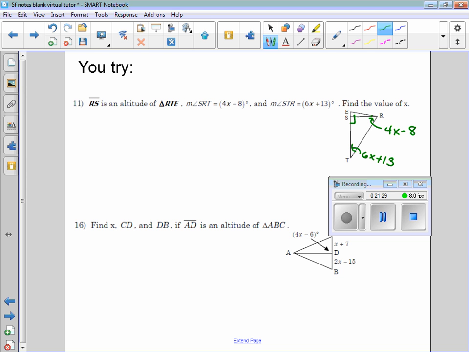Well, if we look at this triangle right here, we have all three angles. And we know the three angles of a triangle should add up to 180. So I'm going to set up the equation. 6x plus 13 plus 4x minus 8 plus 90 equals 180.